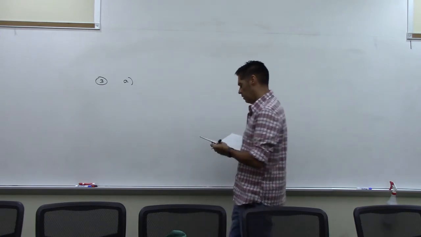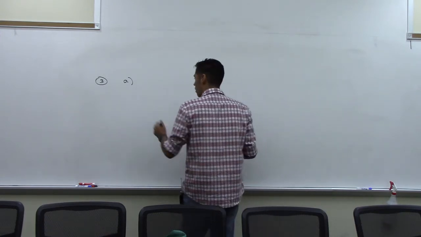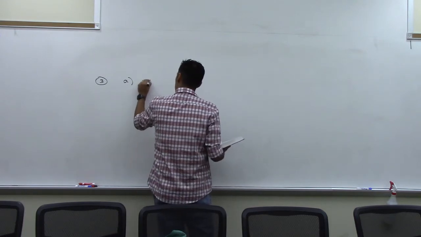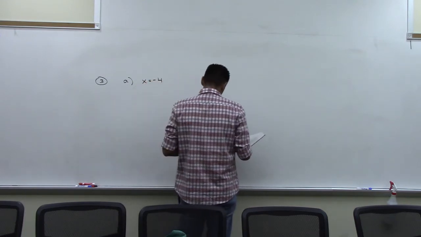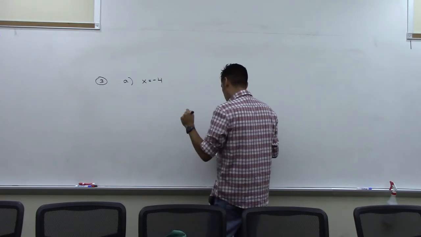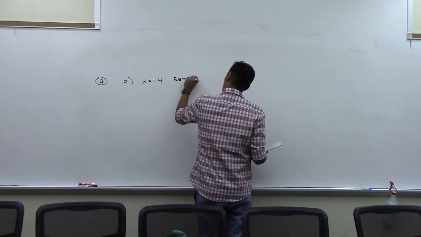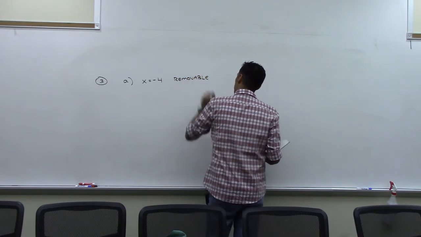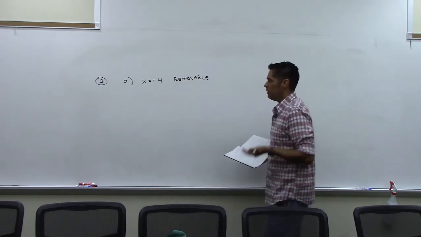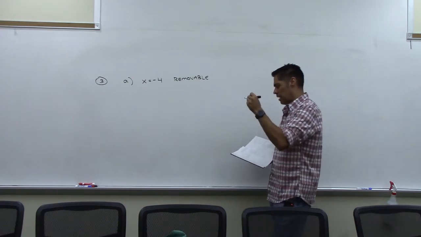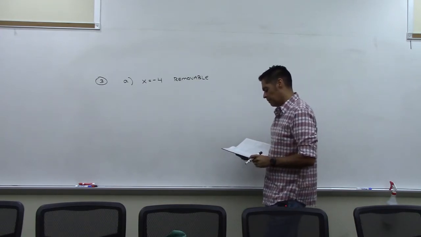So if we look, the first place is at -4. At x equals -4, we have a discontinuity, and it's because there's a little hole there. So we call this removable. And it's removable because all we would need to do in order to fix the problem is just fill that hole in, and then it would be continuous there.